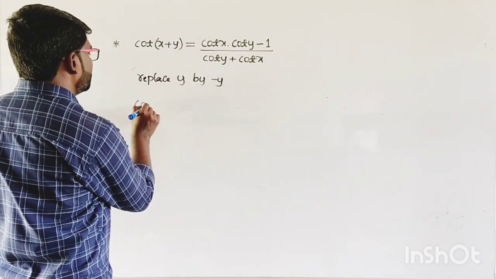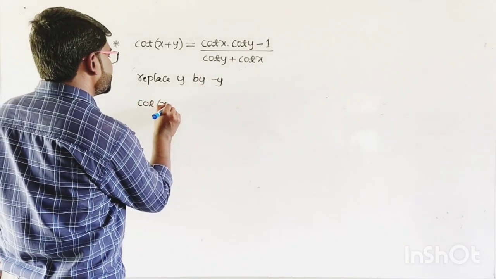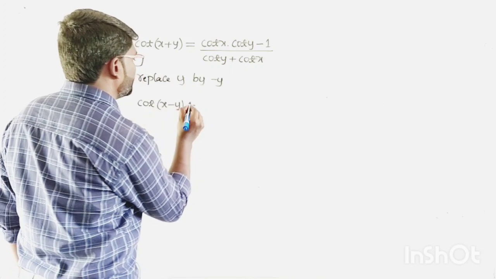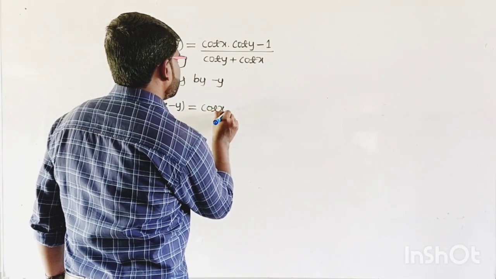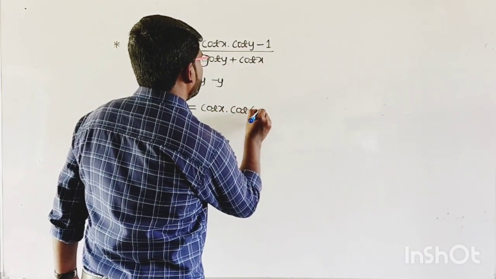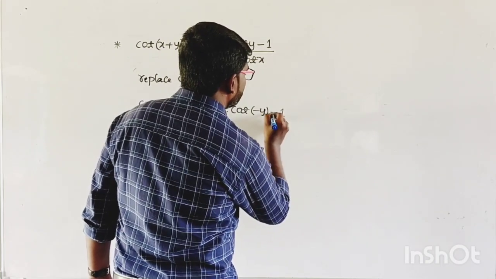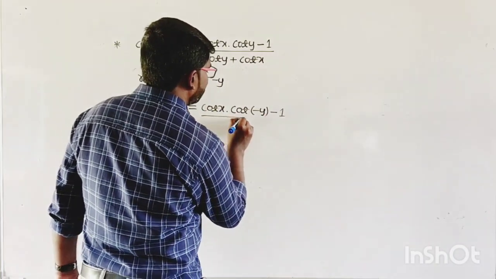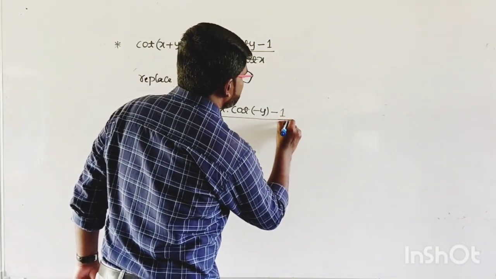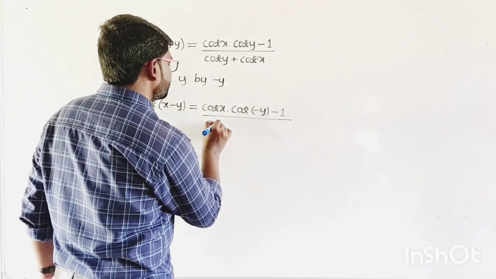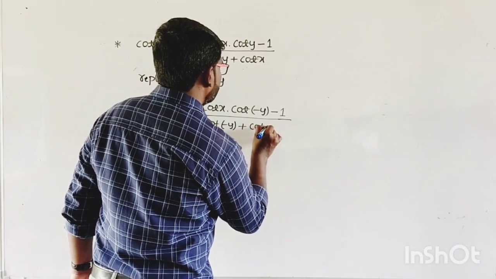Cot of x minus y is equal to cot x into cot of minus y, then minus 1 as it is, divided by cot of minus y plus cot x.